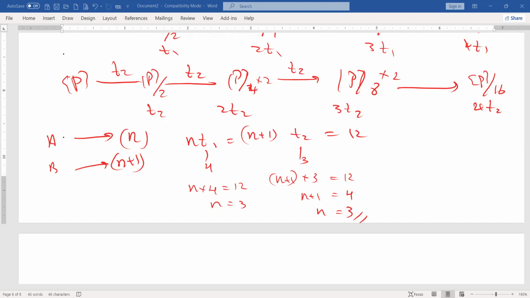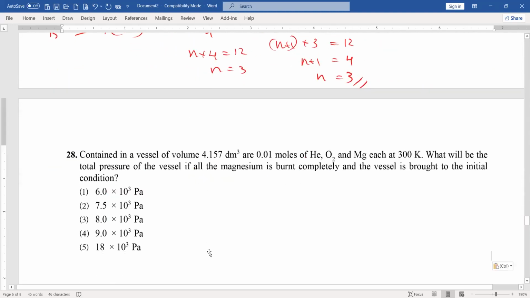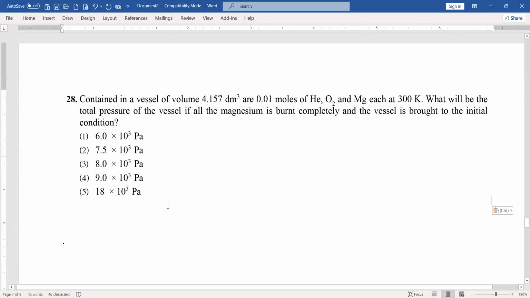And the next question. Contained in a vessel, the volume of the vessel is given as this much, and the amounts of helium, oxygen, and magnesium are each 0.01 moles.